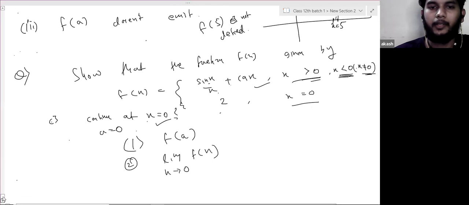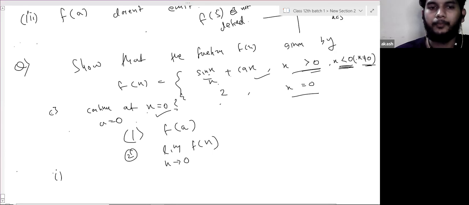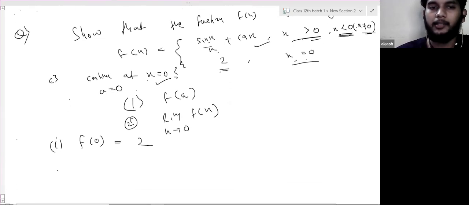So let's try to find f of 0. F of 0 is 2 because they have given that if x is 0, then the function is 2. This is very simple. Second step, limit x tending to 0, f of x. So what will be the function here? This or this?